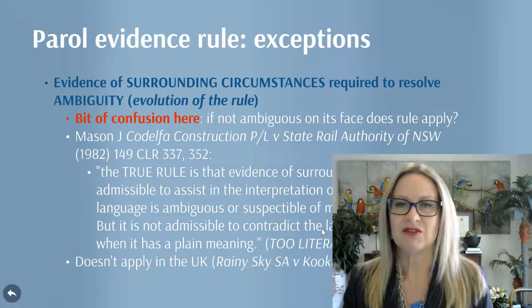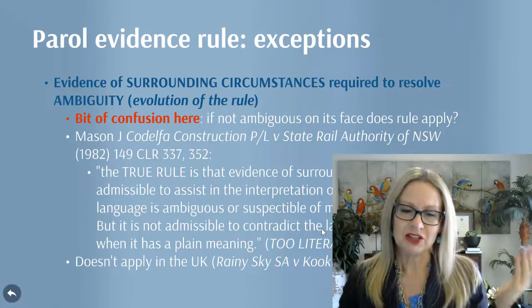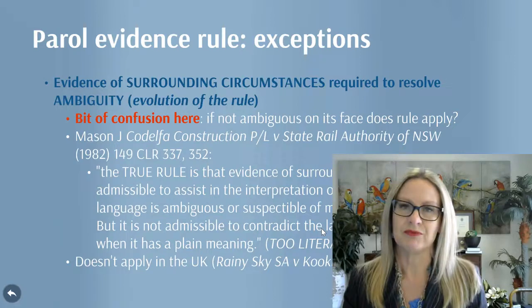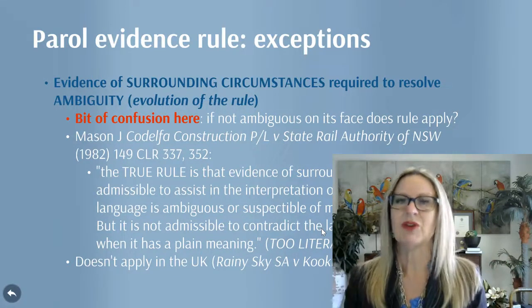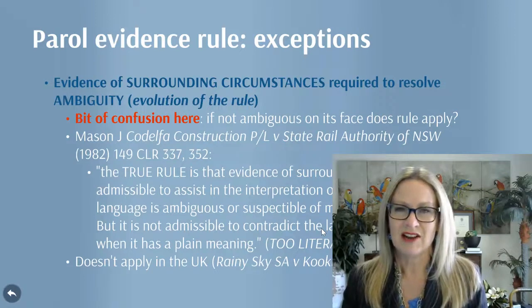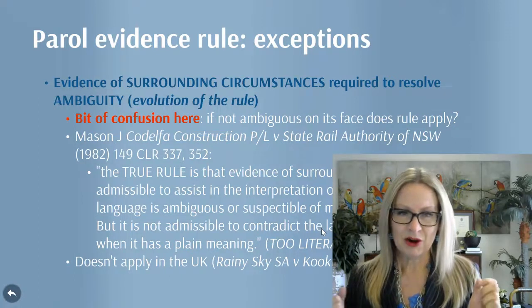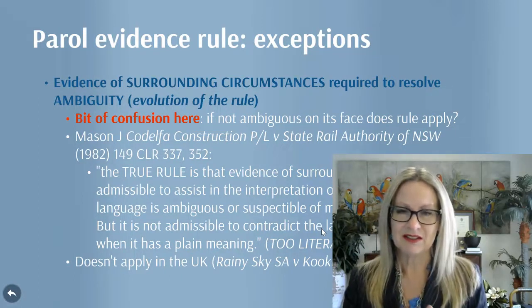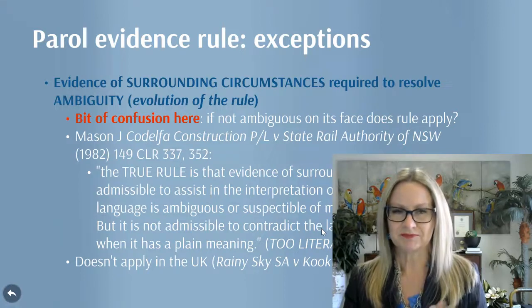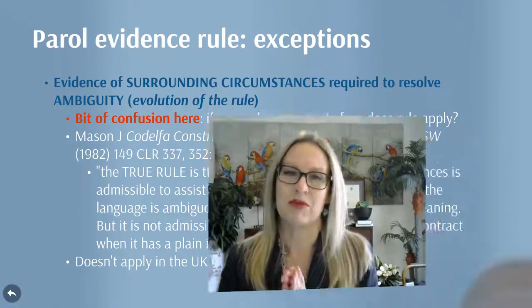Because obviously if there's something very trifling and you can all of a sudden introduce your parole evidence of other things that are happening around the edges of the contract, it's going to significantly water down or weaken the parole evidence rule. So good old Justice Mason in Codelfa Constructions tried to tighten up things.